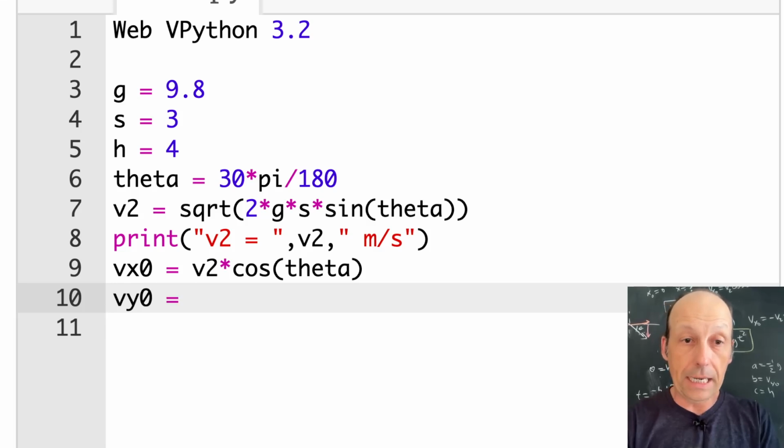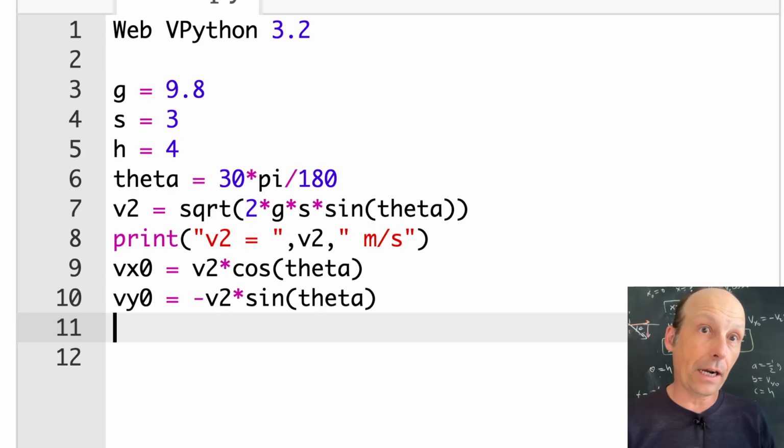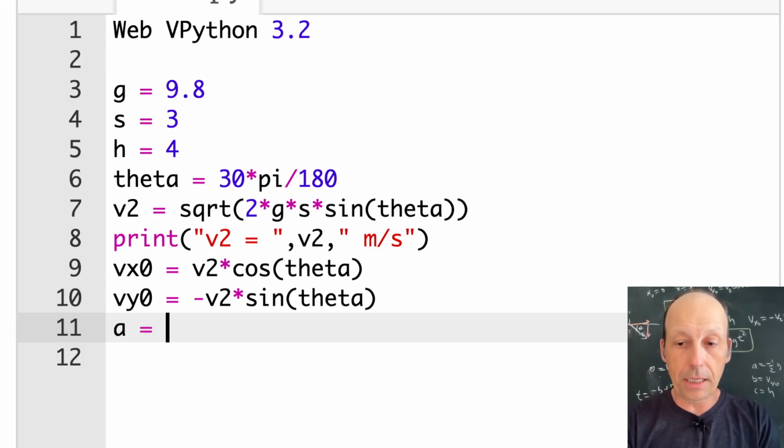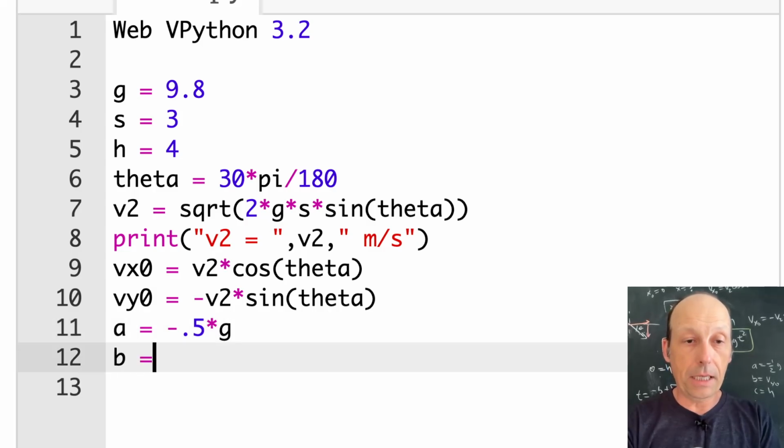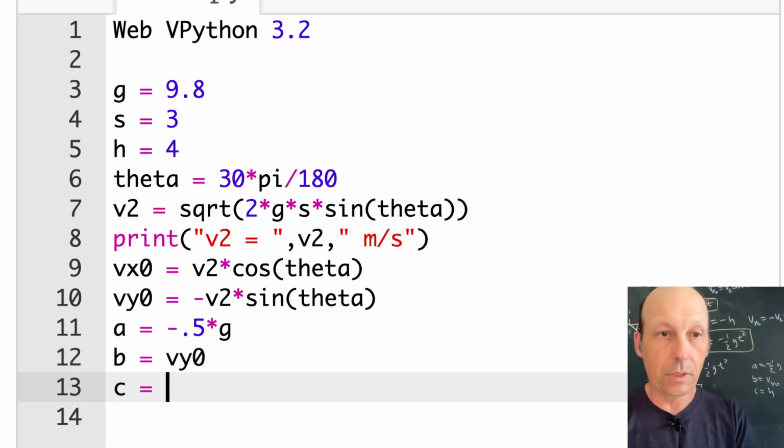Vy0 is going to be negative v2 times sine of theta. Now I can calculate my a, b, and c. So a is going to be negative 0.5 times g, right? B is going to be equal to vy0, right? And then c is equal to h.